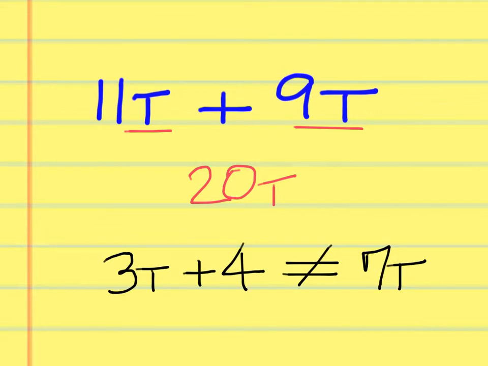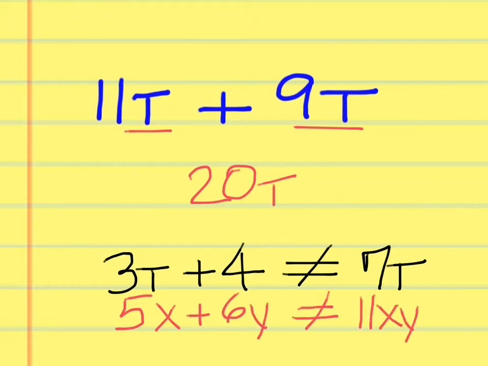You cannot do that. You can't add those two things together. If I had 5x plus 6y, that is not 11xy. You cannot add those together because they are not like terms. You can only add a's with a's, b's with b's, and so on.